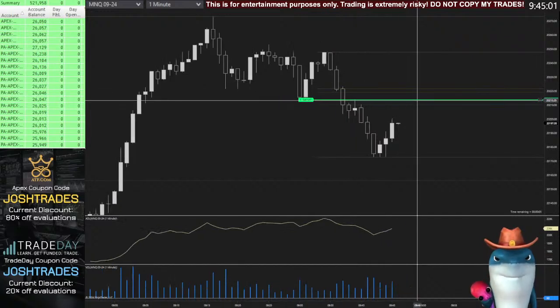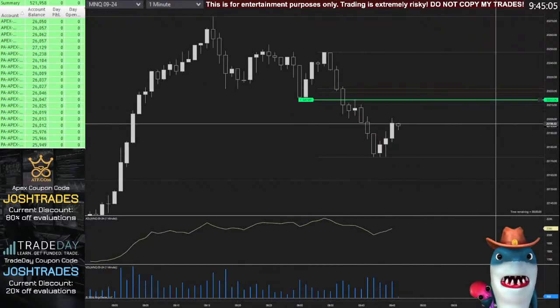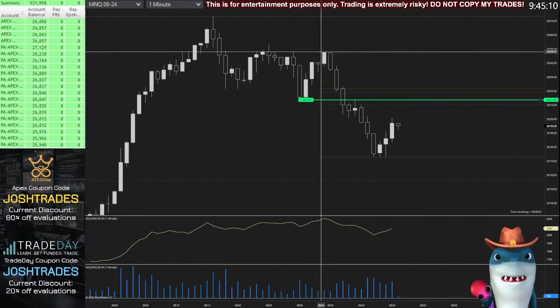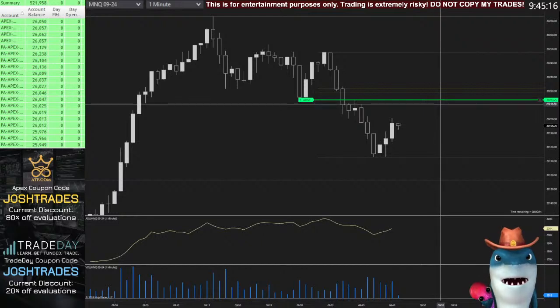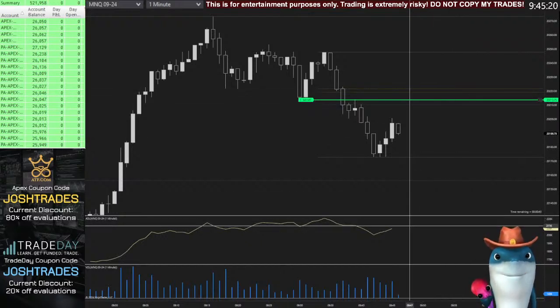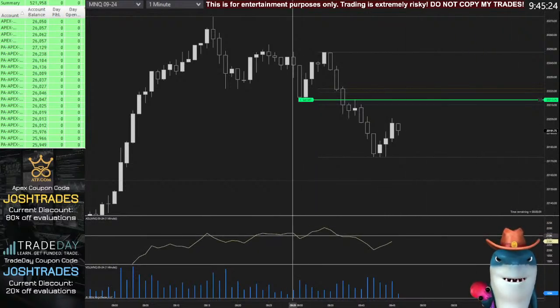This isn't like a super A plus setup, but it still satisfies my requirement of entering between the 0.5 fib and the golden pocket. Also, we have AD that now confirms the bear trend.